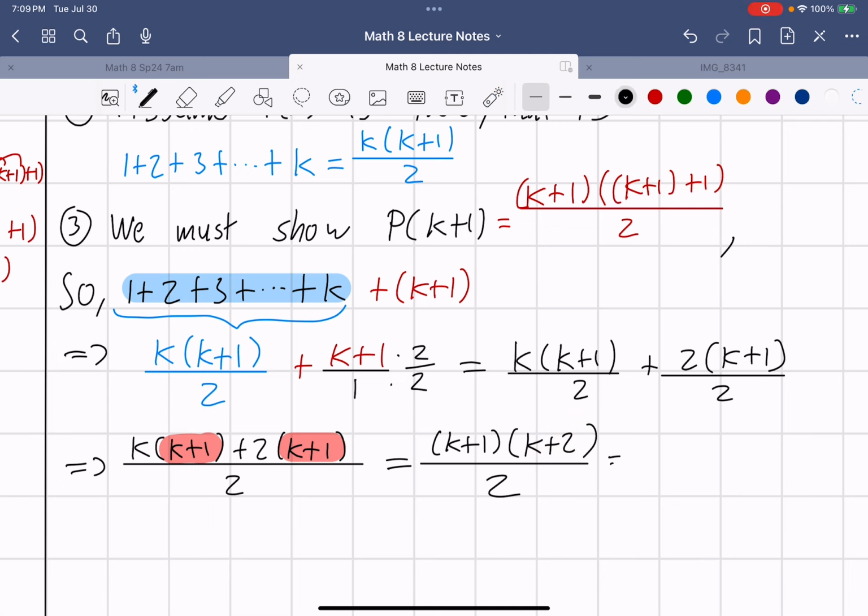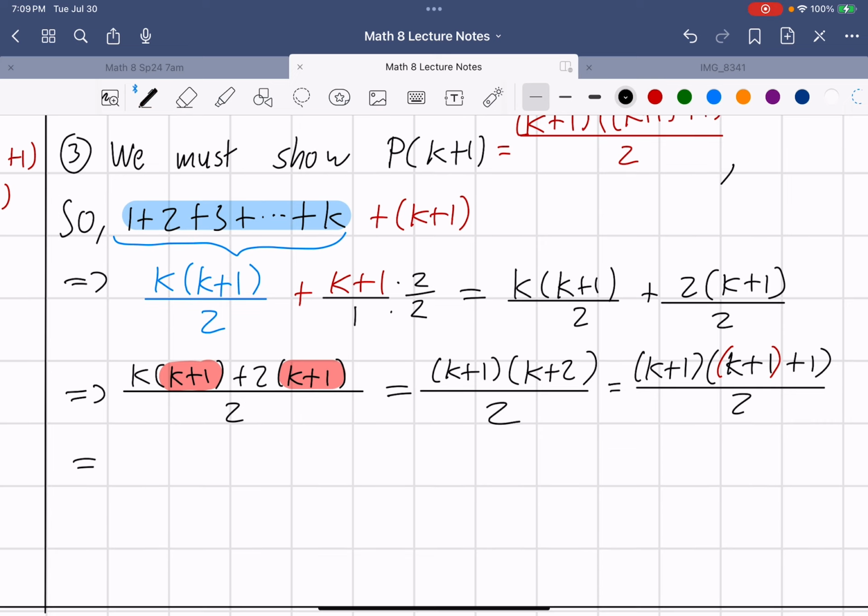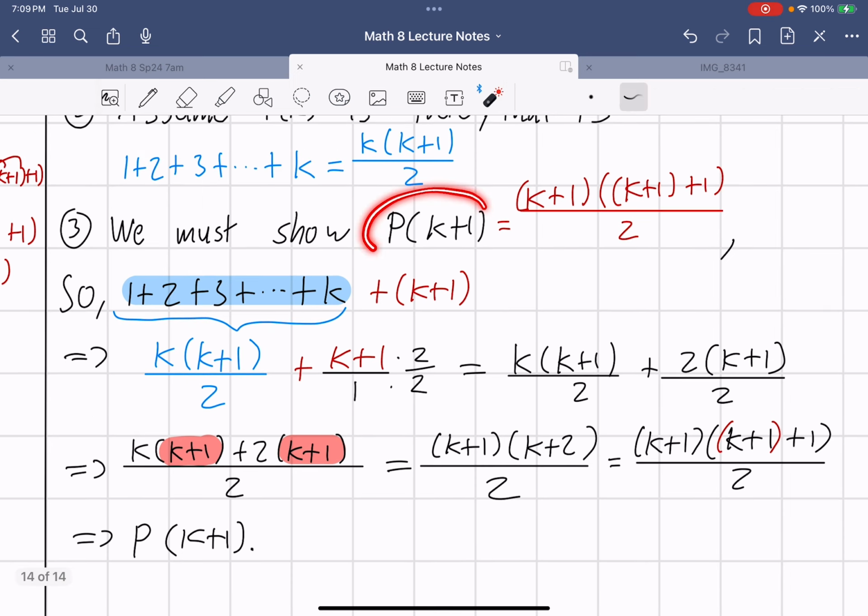So if you wanted to look exactly like that format, you could just rewrite this as k plus 1 plus 1, all over 2. And then, since those parentheses aren't really doing anything, I can just put that part in parentheses. And then that's exactly what k plus 1 is. That's what I just showed.